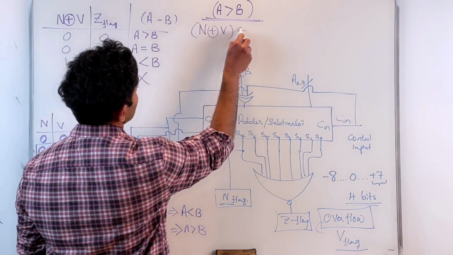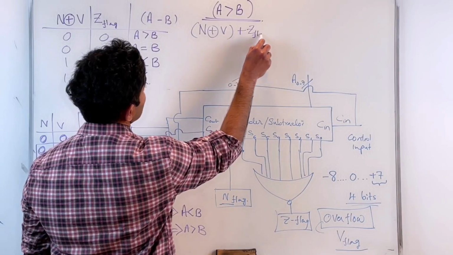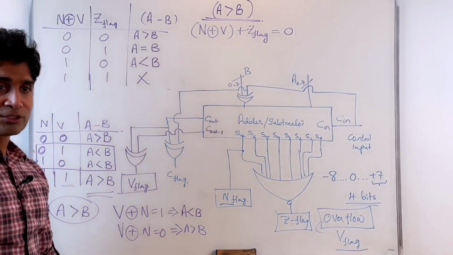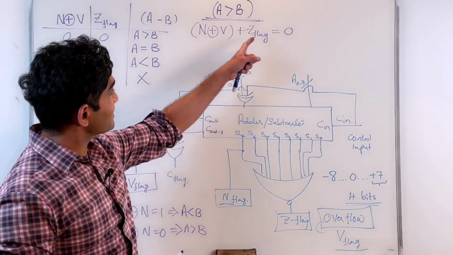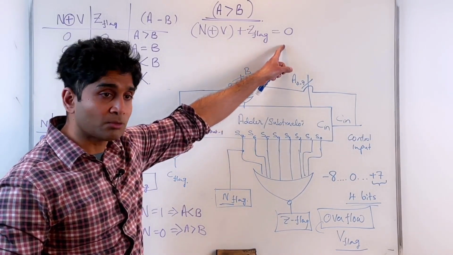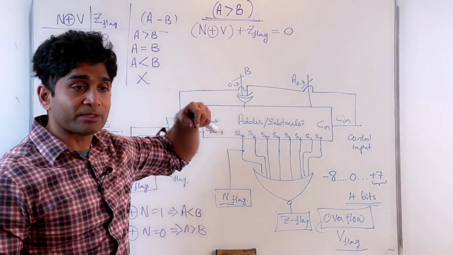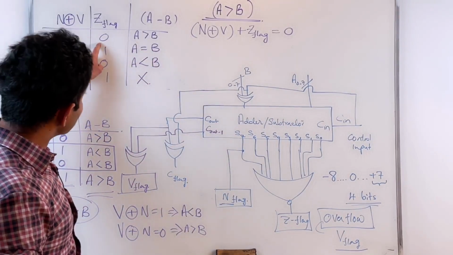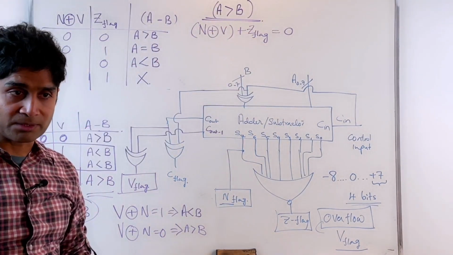So I can say plus Z flag is 0. When I use a condition like this, that means this condition is satisfied only when my Z flag is 0 as well as N exclusive OR V is 0. That places a constraint that both of these have to be 0 for the A larger than B condition.